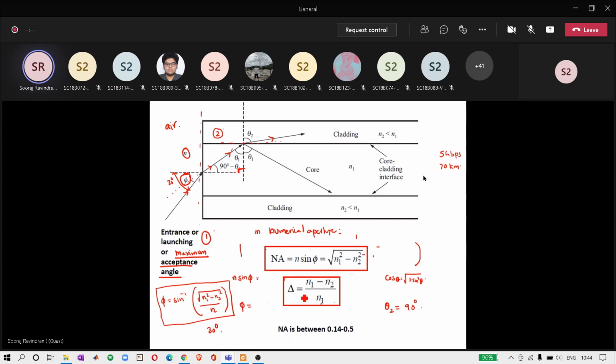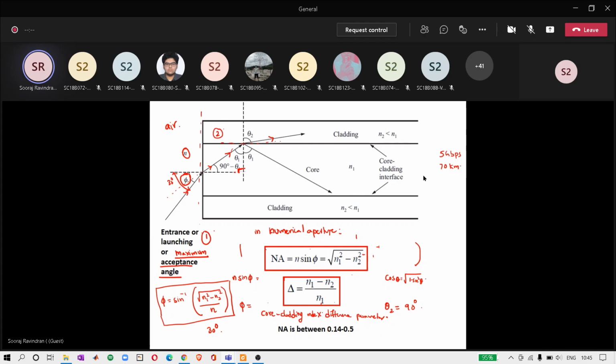So this capital delta is called the core cladding index difference parameter. Index refers to refractive index.